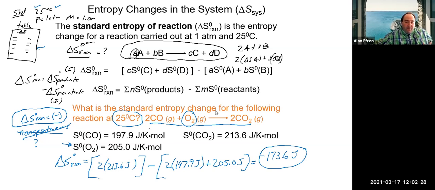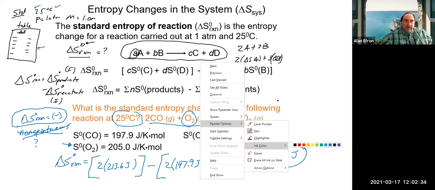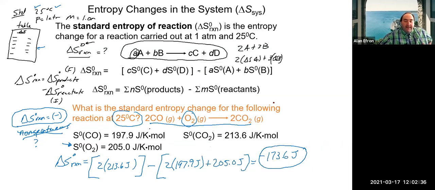Now, can we predict if our number is right? And the answer is yes. You could look at the reaction, and before you even do the calculation, you could make a prediction as to whether you would expect this to be a positive or negative value.